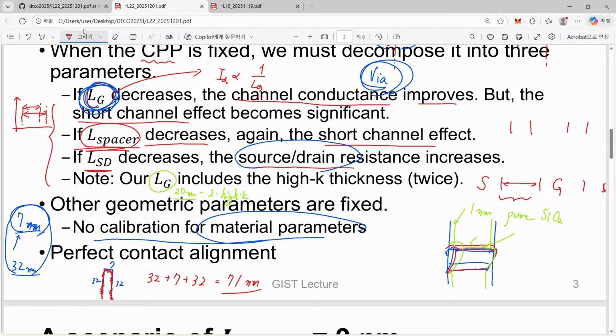Although, if we just look from the top, it is drawn within just 7 nanometer. However, due to the existence of these two side walls, side channels, we have to consider a 71 nanometer wide device.